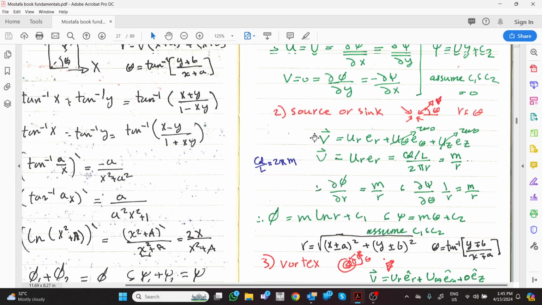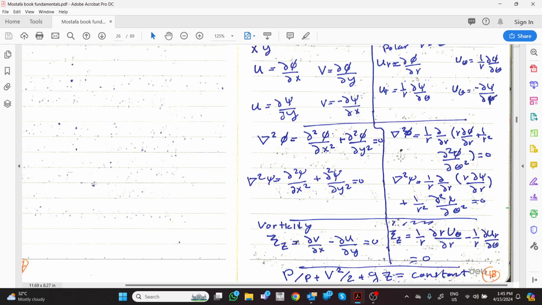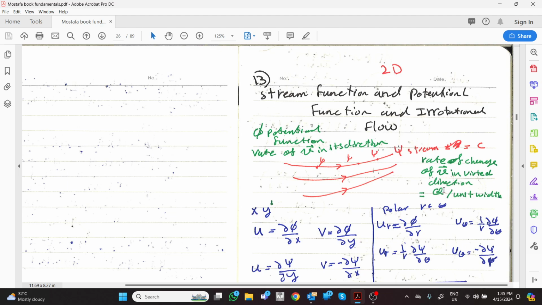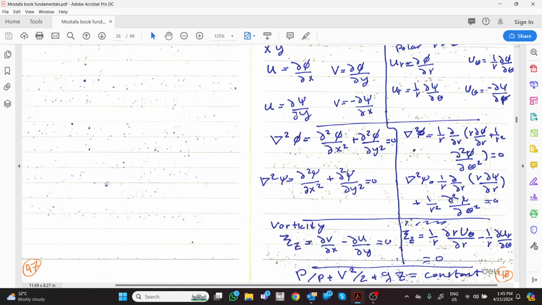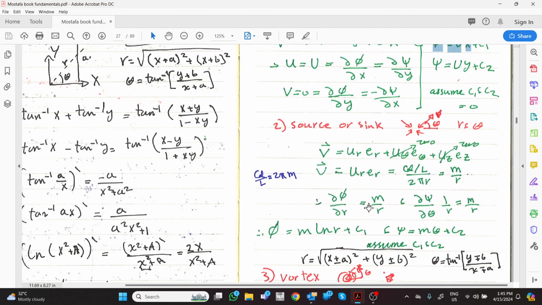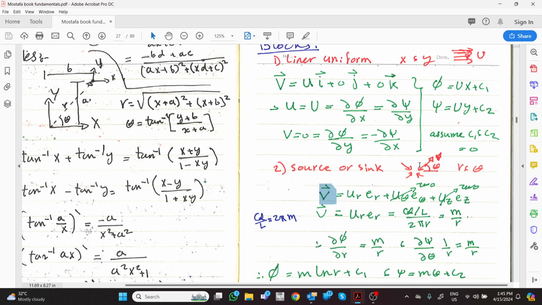And because we know that psi is already the q, or the flow rate by the width, I can understand what the flow rate is. Let's go deeper into the source. We know this is v. We're going to use Cartesian coordinates because you see there is theta and there is r, so it is better to use Cartesian coordinates.